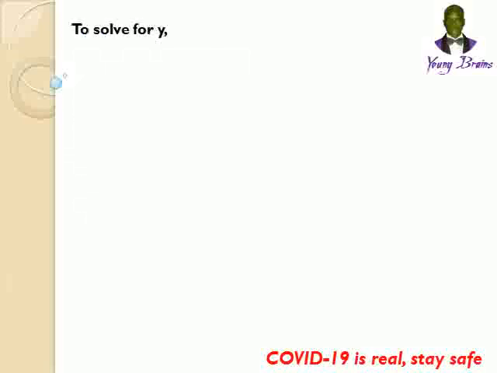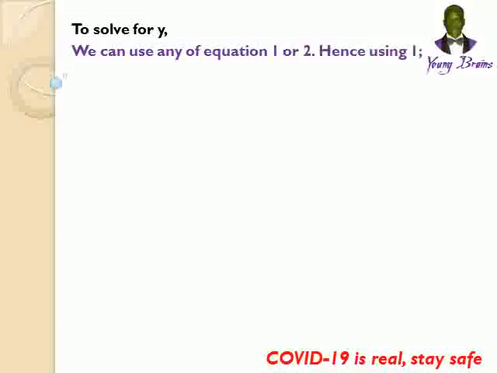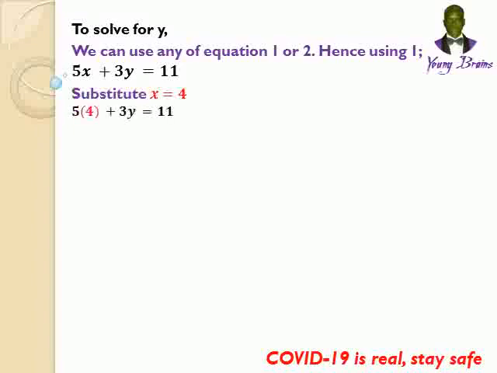To solve for y, we need to substitute for x in any of the two equations. Hence, we are making use of equation 1, 5x plus 3y equals 11. So we need to substitute for the value of x, which is equal to 4, into the equation. Then we have 5 times 4, which is the value of x, plus 3y equals 11. 5 times 4 gives us 20, plus 3y equals 11. Then we need to subtract 20 from both sides.